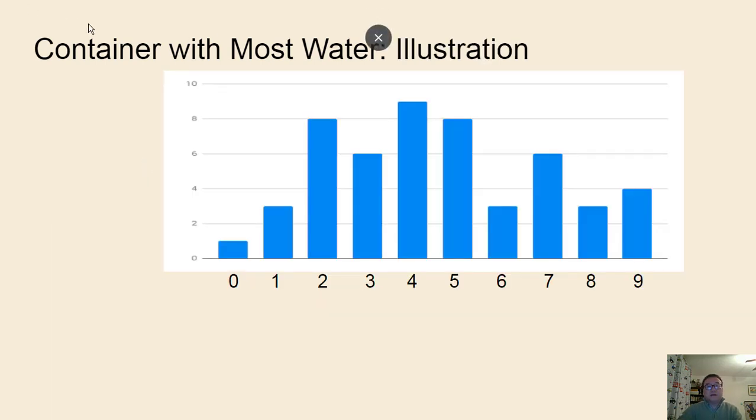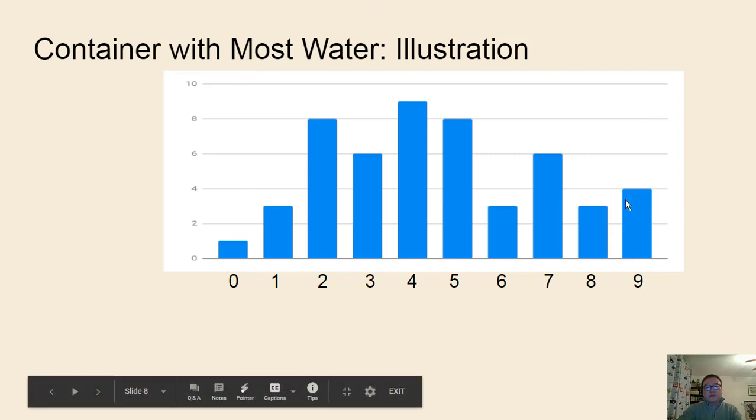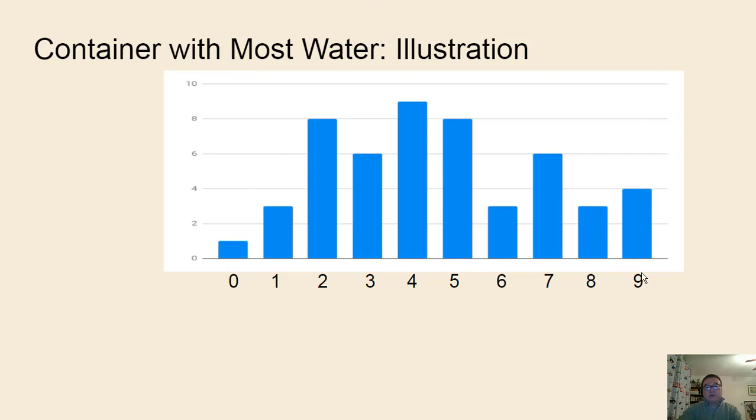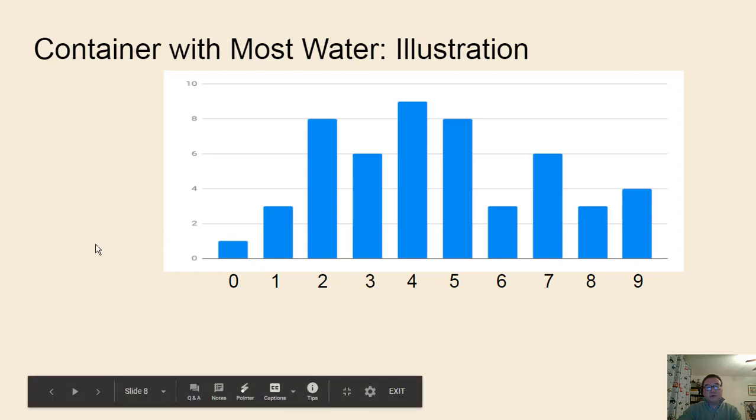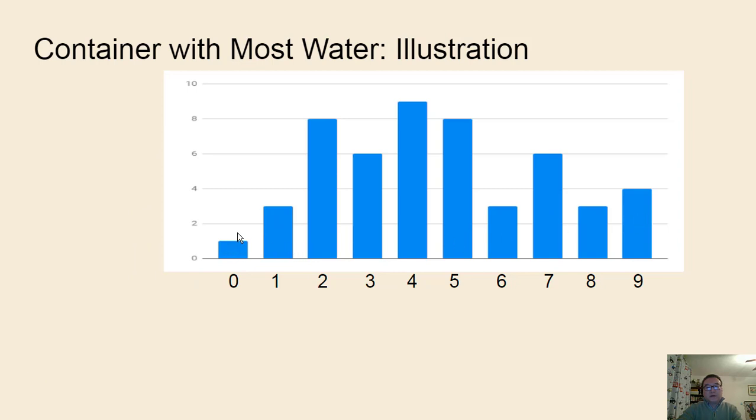So let's look at this graph illustration. Let's say we start from both ends. So now from both ends we can form a container of width 9 and height 1. So this we can have a container of 9. Now the claim is that because this one is shorter, this one is bigger.